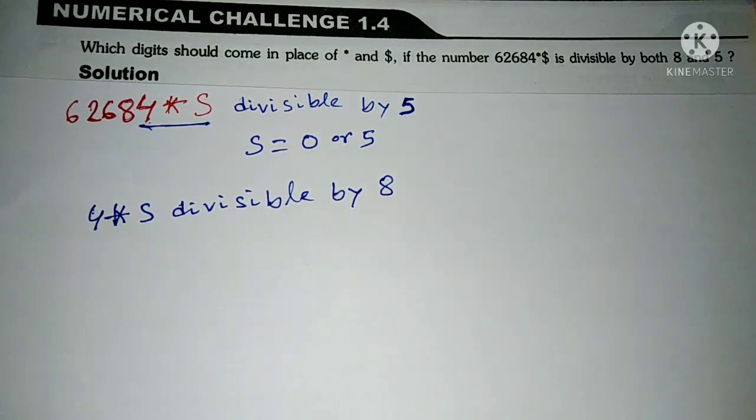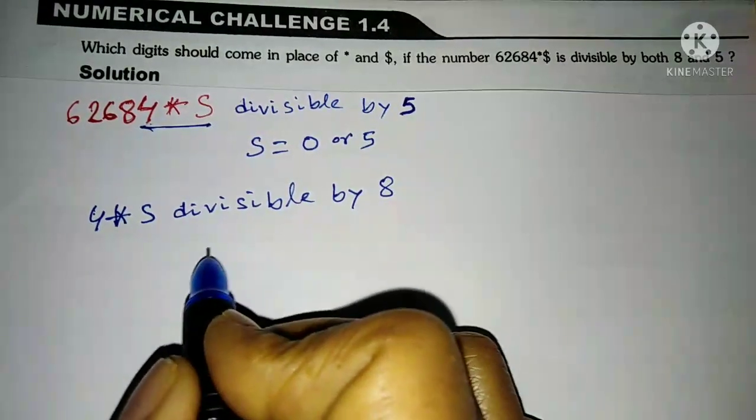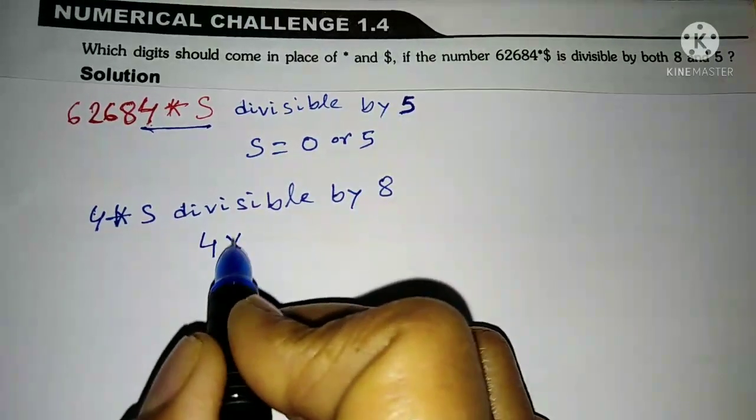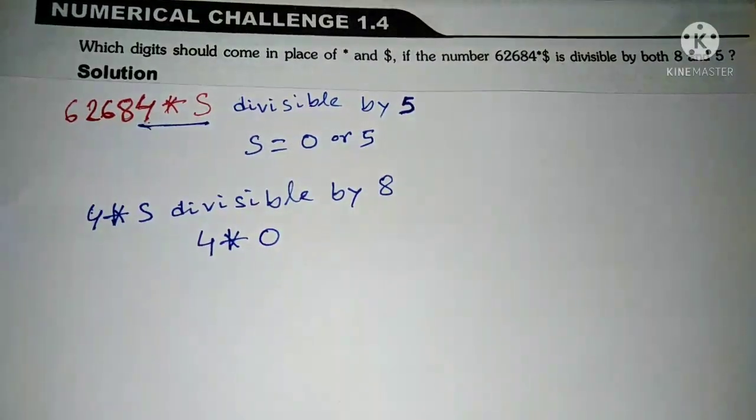Now see, if we put 0 in place of S, the number will be 4 star 0.